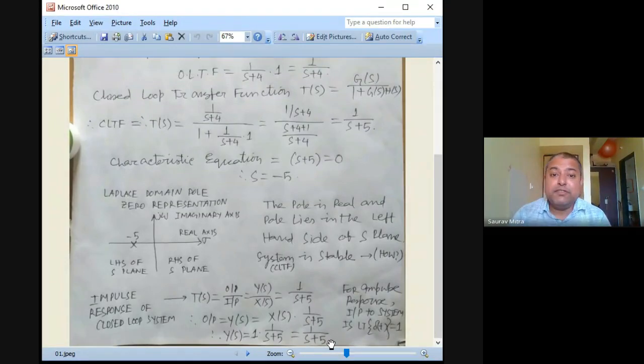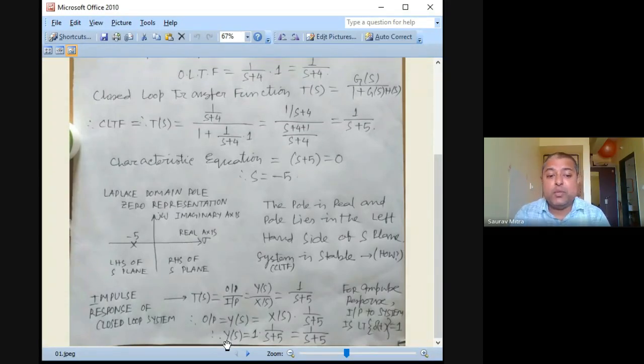What is the significance of impulse response? It is the same as the transfer function, because the input is equal to 1. For step response, you cannot say that.